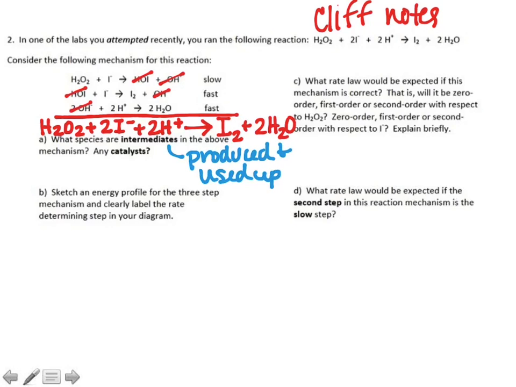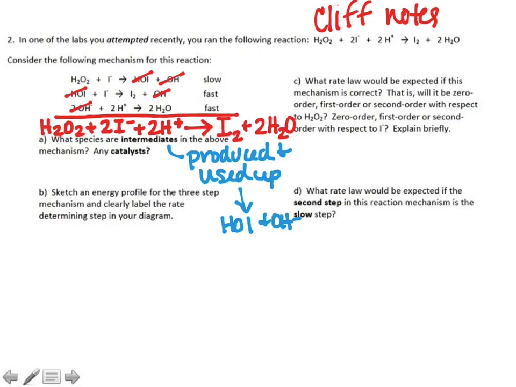So is there anything in that overall mechanism which is produced and then used up? What is it? HOI and OH minus. Okay.